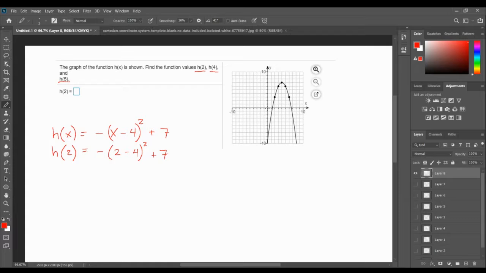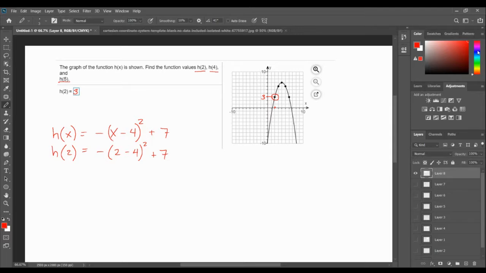With the graph, I can just say, okay, they replaced x with 2, so I'm going to come over to an x of 2, and I will rise or lower until I get to the graph and it's right there. And then I can come over and read what that is, and it looks like that's 3. So h of 2 is 3. I just read it right off the graph.